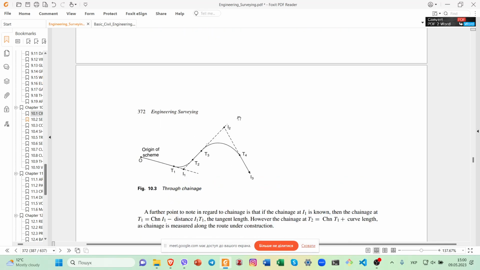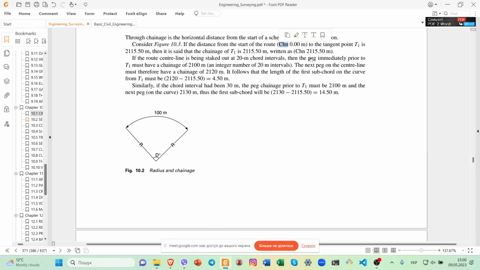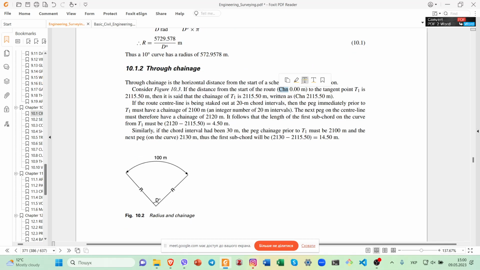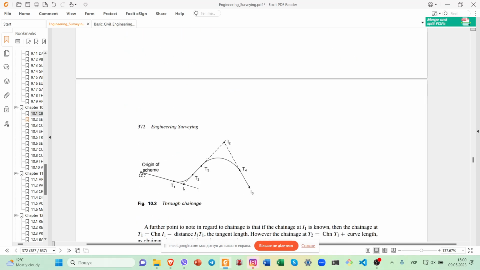So, while we go by the line from point O to point I1 to point I2 and to the end of the road, our way is much longer than if we use the curves for our movement.